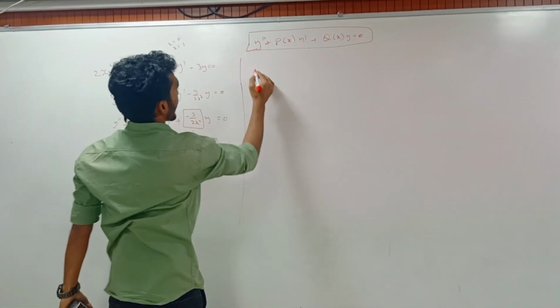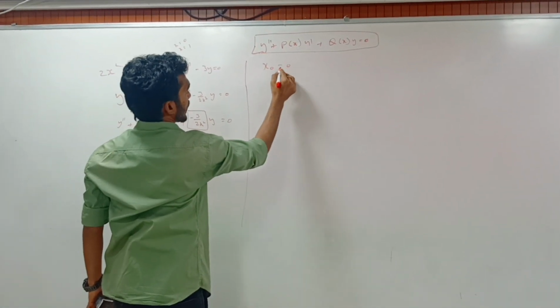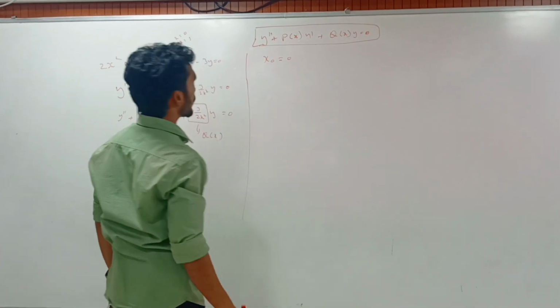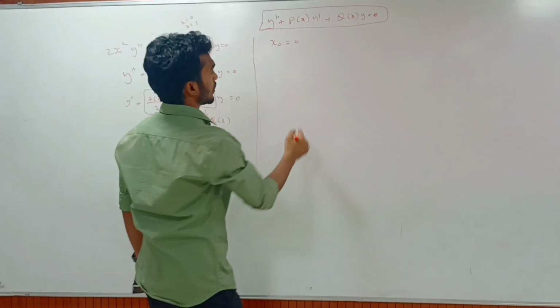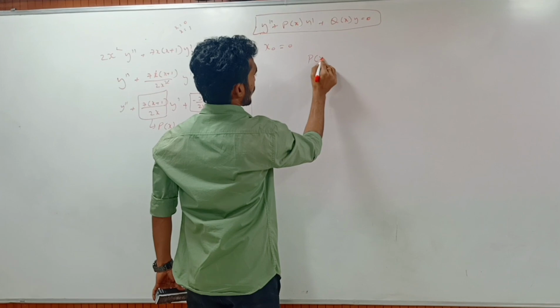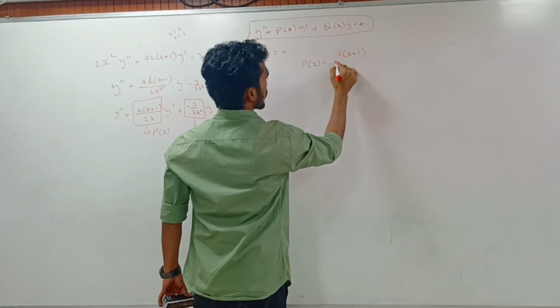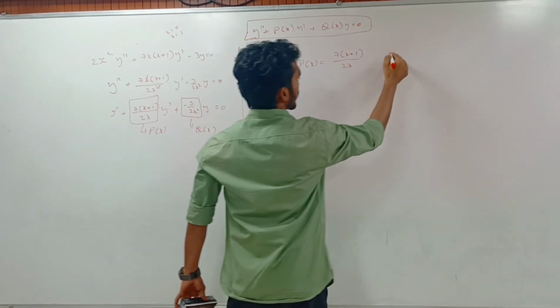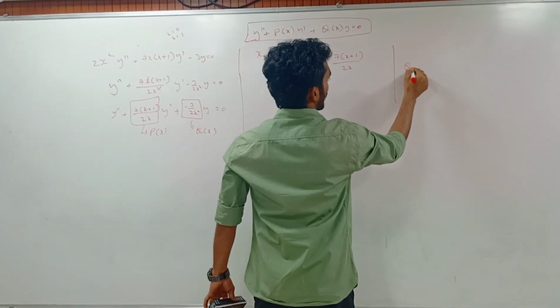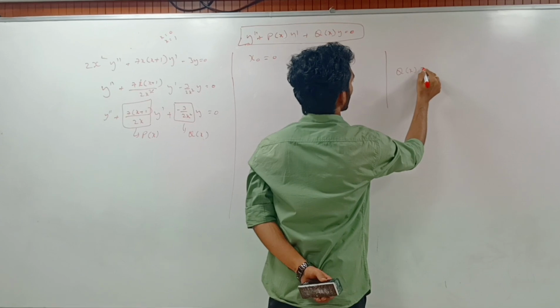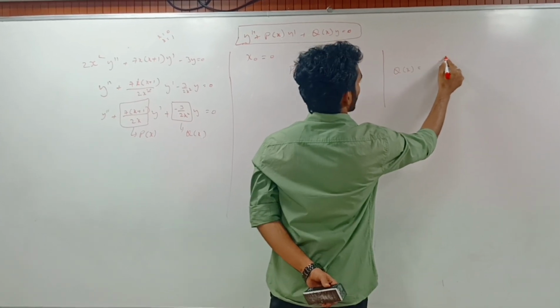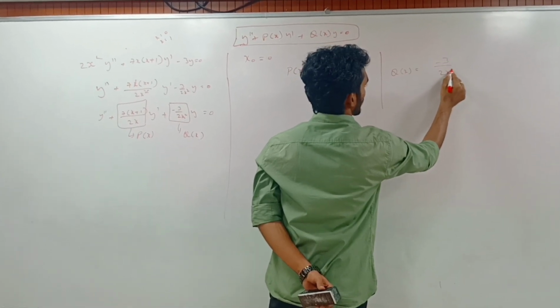So first find whether x naught equal to 0 is an ordinary point or singular point. Write p of x equal to 7 into (x plus 1) by 2x and q of x equal to minus 3 by 2x square.